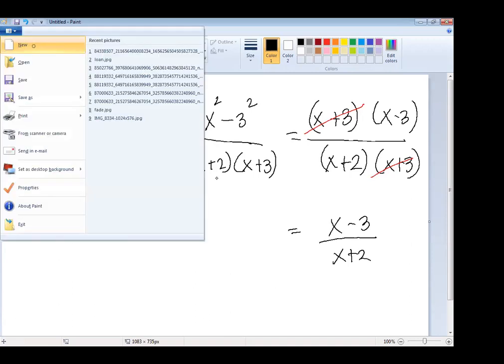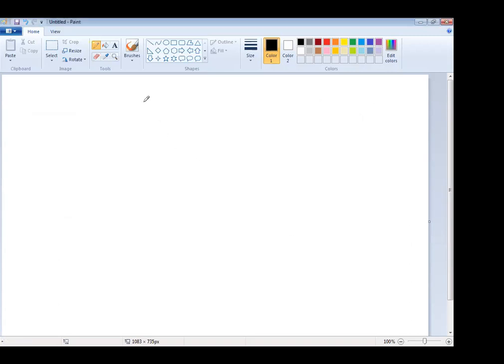Okay, next example. For example, we have 10a plus 20 over 5a squared minus 20.